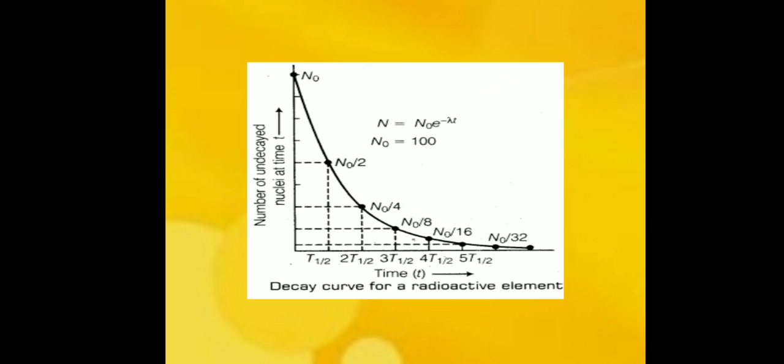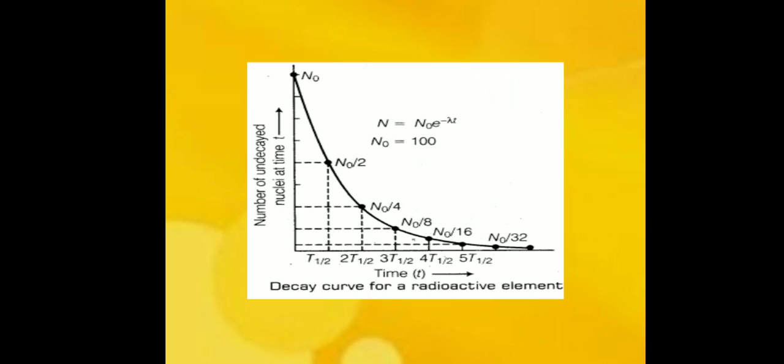Then from the first half-life to the next half-life, the process becomes slow. Again it becomes slower and slower, right? So actually this disintegration or decay takes a longer time to fully decay off. Clear? So that graph is given there.